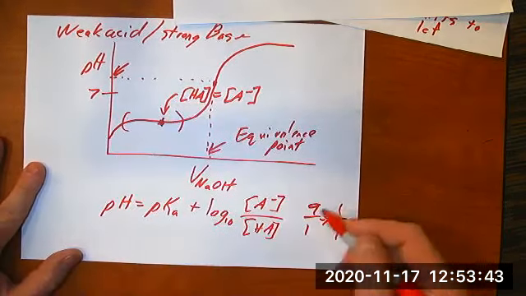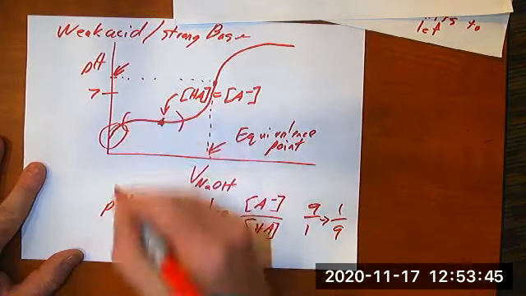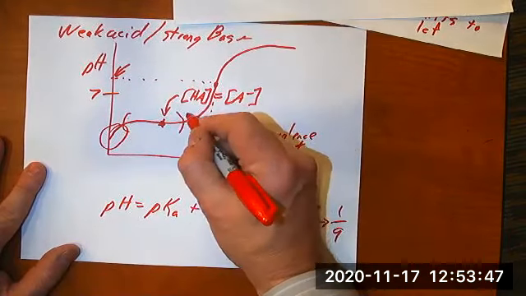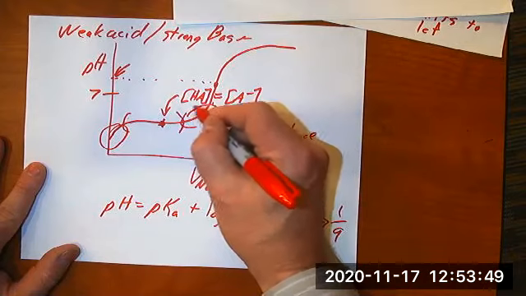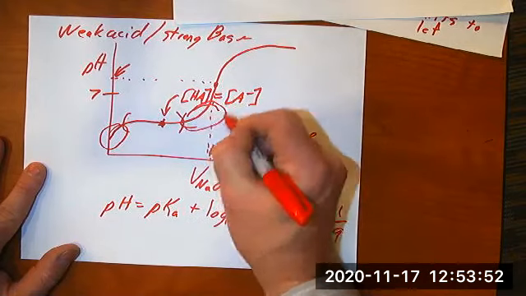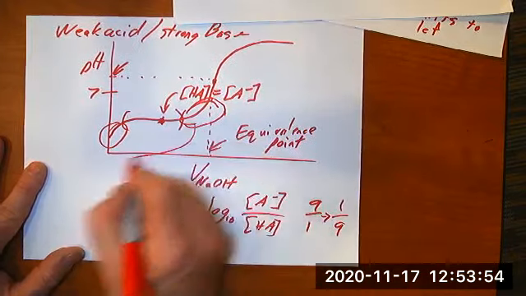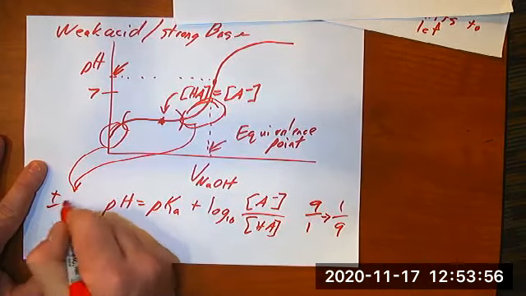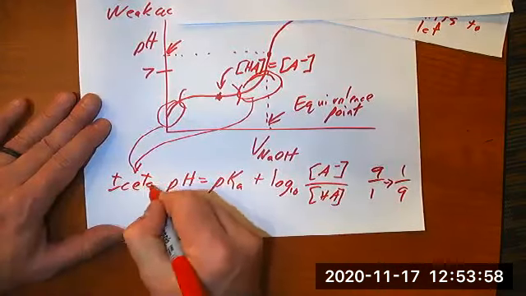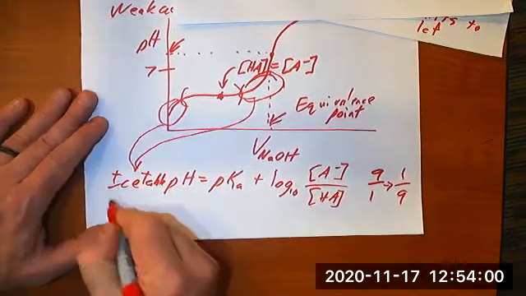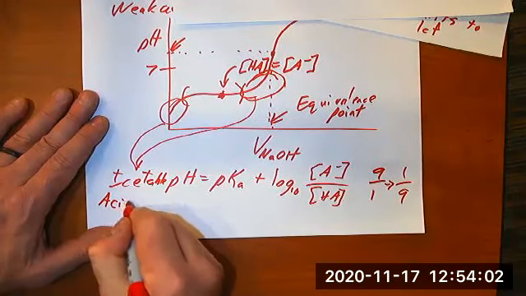If you're outside this range, down in here and between here and pH 7, then you really need to do an ice table for the acid reaction.